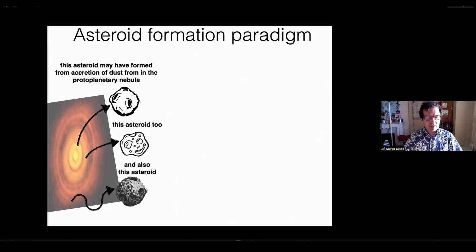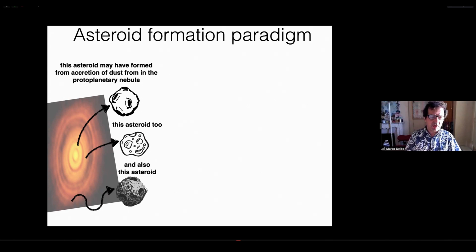They accreted in different regions and in different sizes, probably with different compositions, which I painted here in this cartoon with different types of asteroids and colors. You can see a high albedo asteroid and a low albedo asteroid. So those that accreted directly from the dust are planetesimals, right?